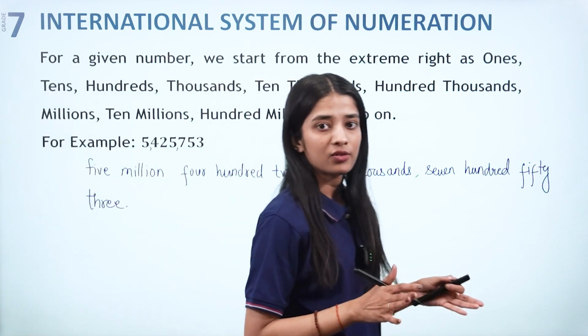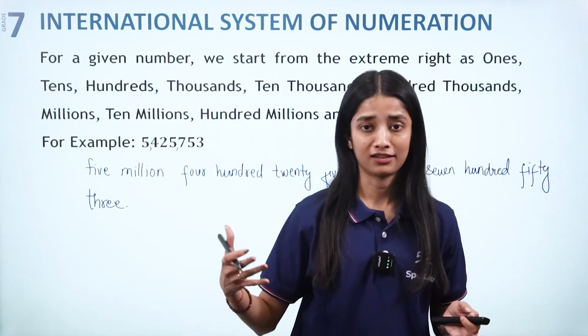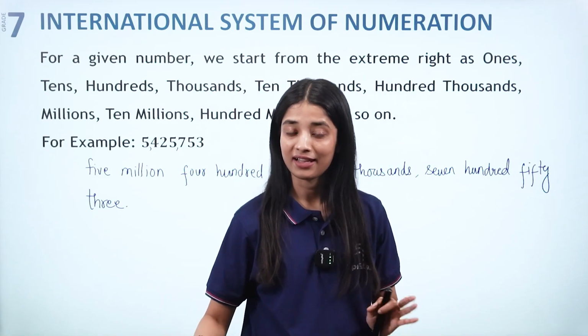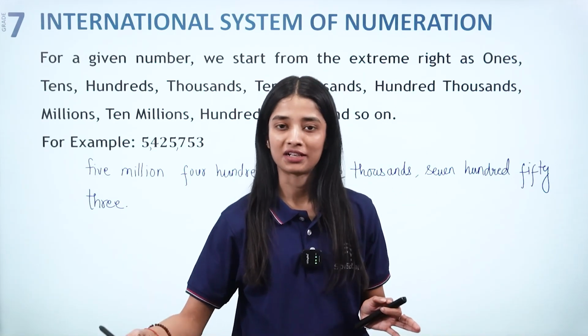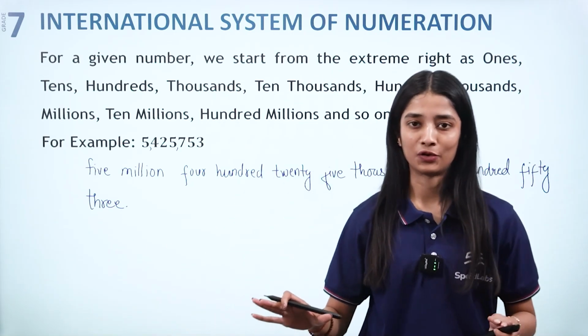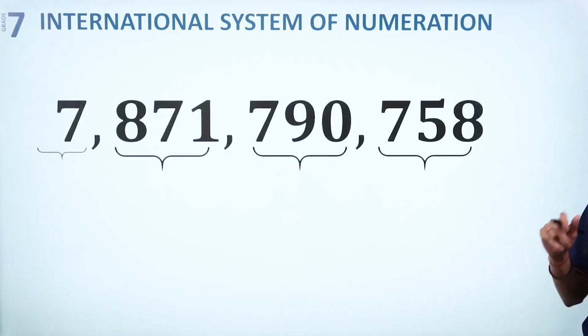We start with ones, then tens, hundreds, 1,000, 10,000. After 10,000 it is not lakh, it is 100,000. After that we have million, then 10 million, and so on. That is how we read this number.